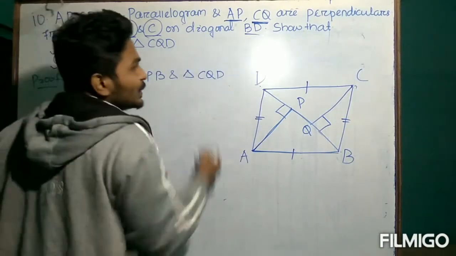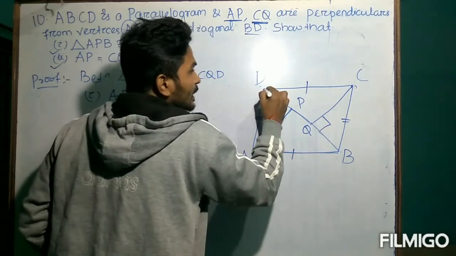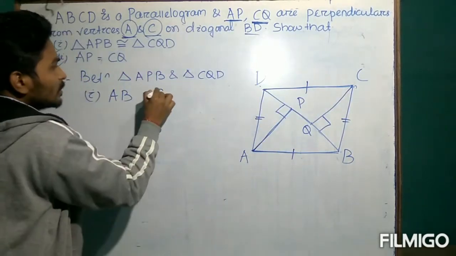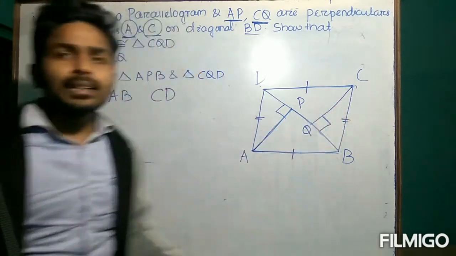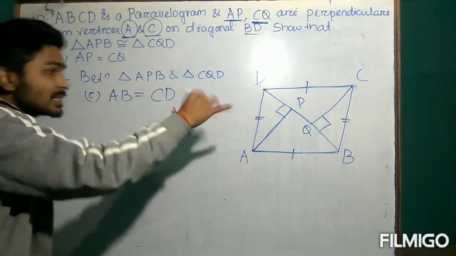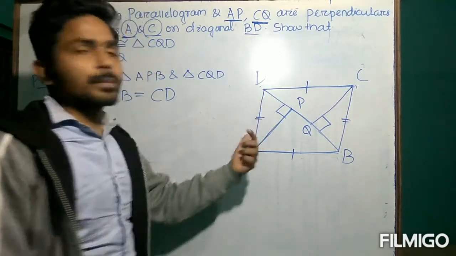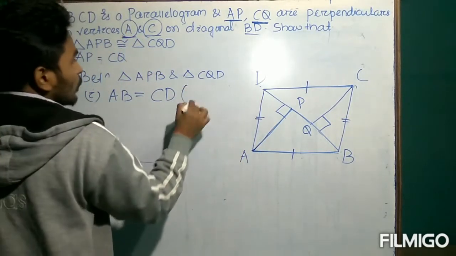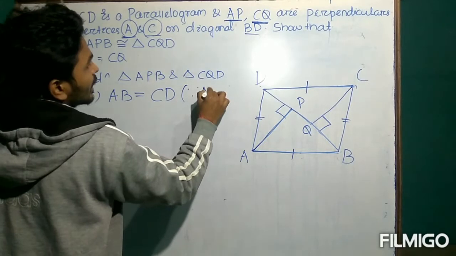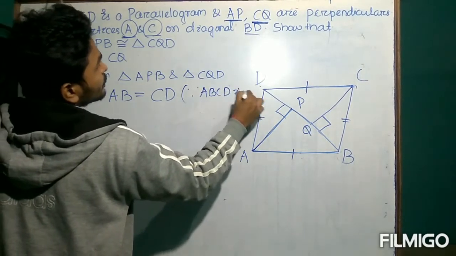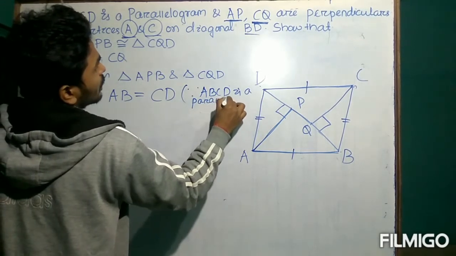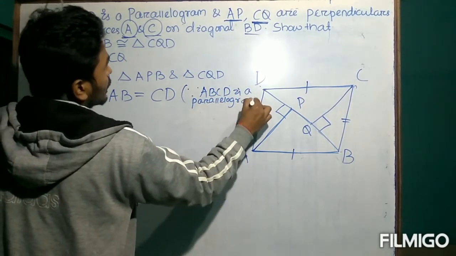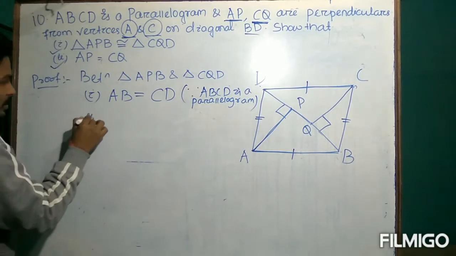For triangle CQD, CD is a side. Can we write AB is equal to CD? Yes, we can write. Why? Because ABCD is a parallelogram and the pairs of opposite sides are equal. This is the first possible condition.